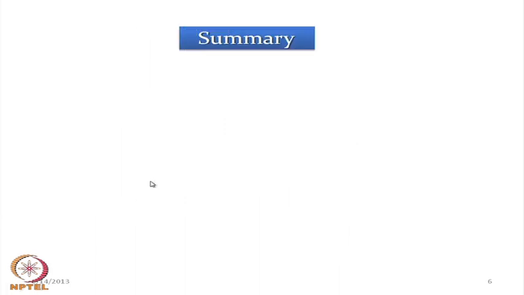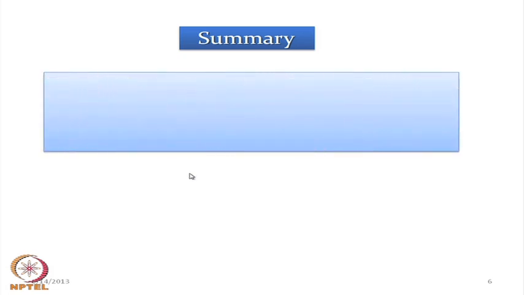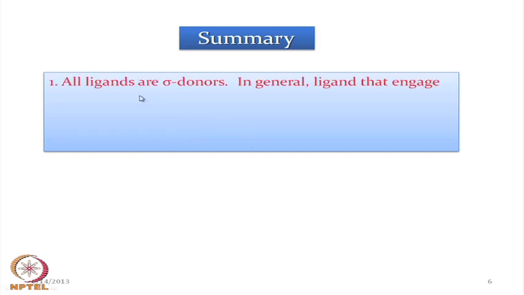That gives us an idea of how we can summarize these interactions, particularly the pi interactions. The ligands are of different types which can show some pi interactions. If the ligands are only sigma donors, that means they do not have any pi electrons and form only sigma bonds, like the water molecule or the ammonia molecule, they provide sigma donation.